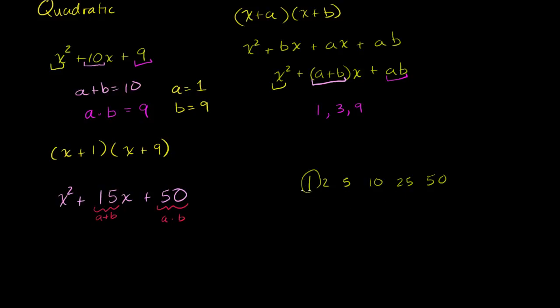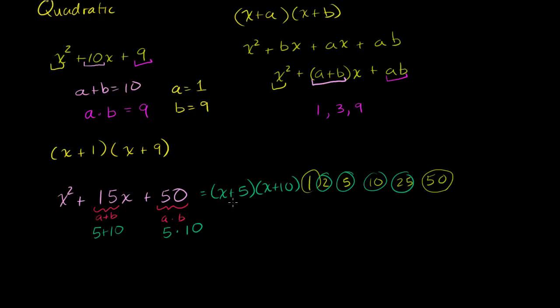So 1 plus 50 does not add up to 15. 2 plus 25 does not add up to 15. But 5 plus 10 does add up to 15. So this could be 5 plus 10, and this could be 5 times 10. So if we were to factor this, this would be equal to x plus 5 times x plus 10.